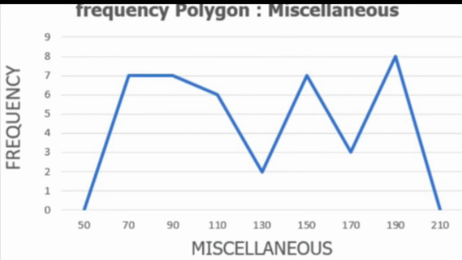For our frequency polygon, the highest is 180 to 200 with a midpoint of 190 and a frequency of 8. And the lowest would be 120 to 140 with a midpoint of 130 and a frequency of 2.